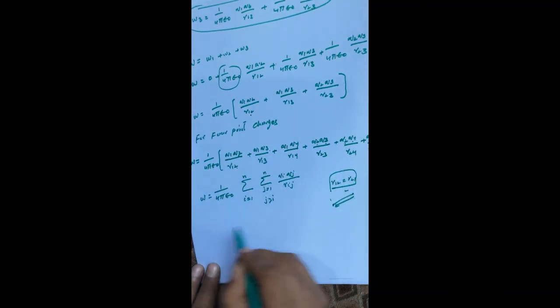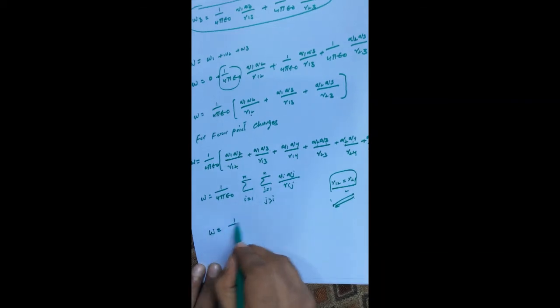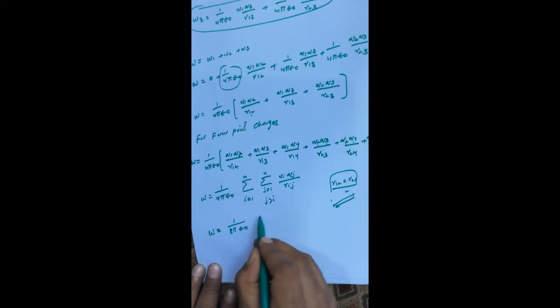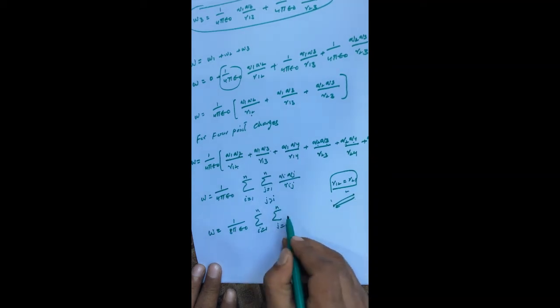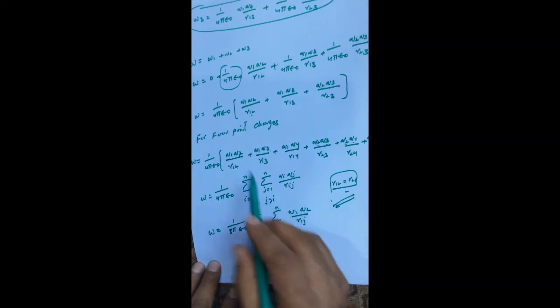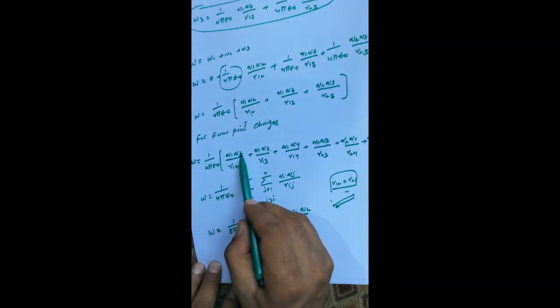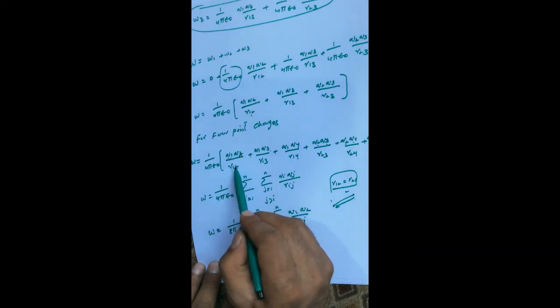So if I count the same term twice, then W is equal to 1 over, divided by 2, so it will be 8 pi epsilon naught, sum over i started from 1 up to n, and then sum over j started from 1 up to n, Qi Qj over Rij. Now here we have two such terms, one is Q1 Q2 divided by R12, one is Q2 Q1 divided by R21.